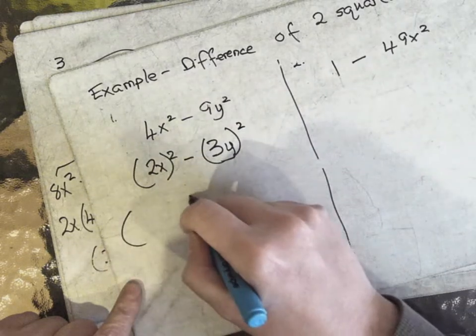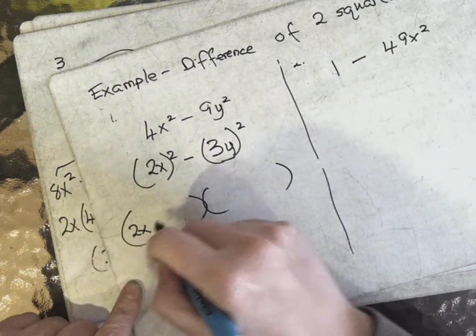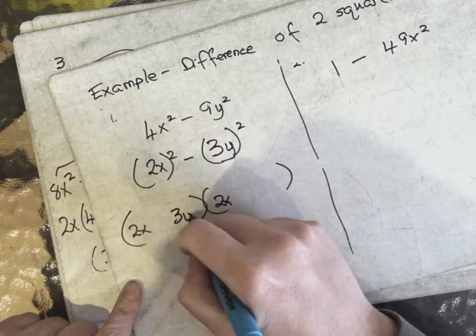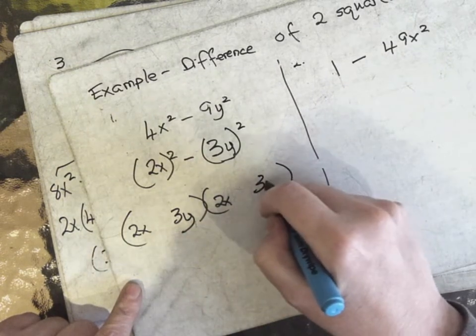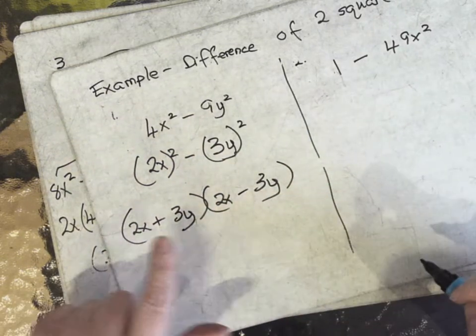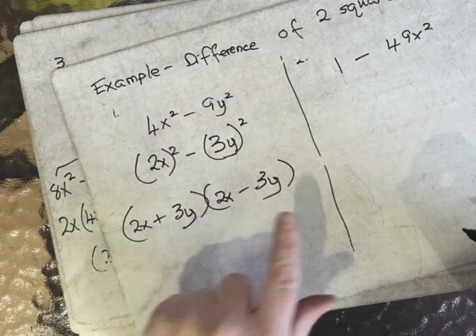So that would be 2x and 2x, 3y and 3y, and a plus and a minus. So each term and then a plus and a minus, or a minus and a plus, the order doesn't matter.